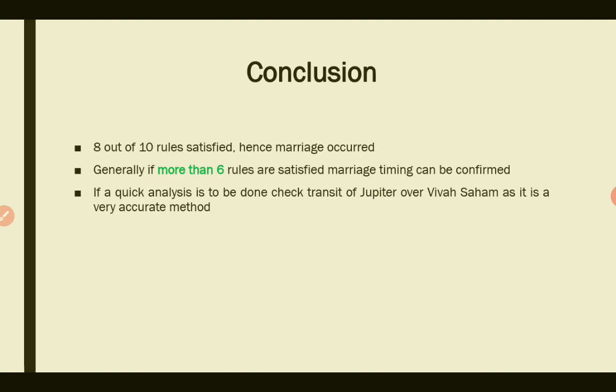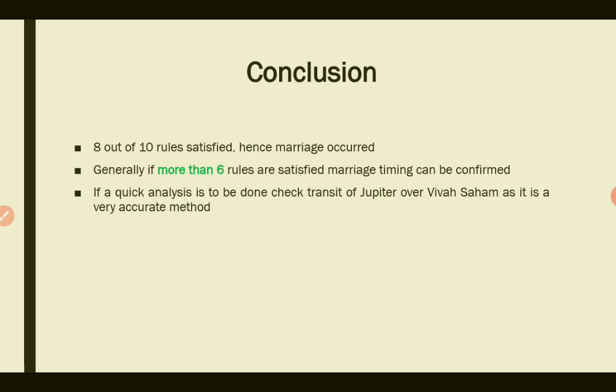So, if we try to conclude this presentation, we can see that out of the 10 rules which we have used, 8 of the 10 get satisfied, hence confirming the timing of marriage of the native. Now generally most of the videos on YouTube bring up charts where all the rules get satisfied, but in practice you will never find a particular chart having every rule satisfied.